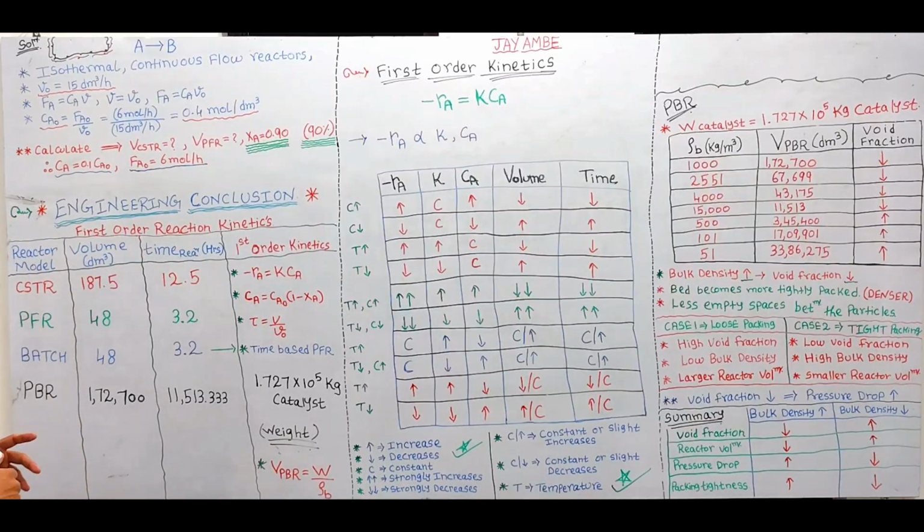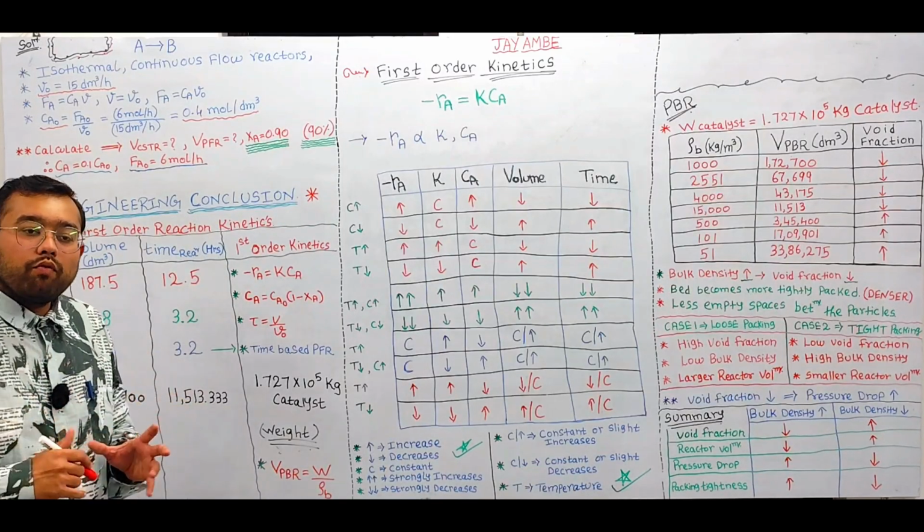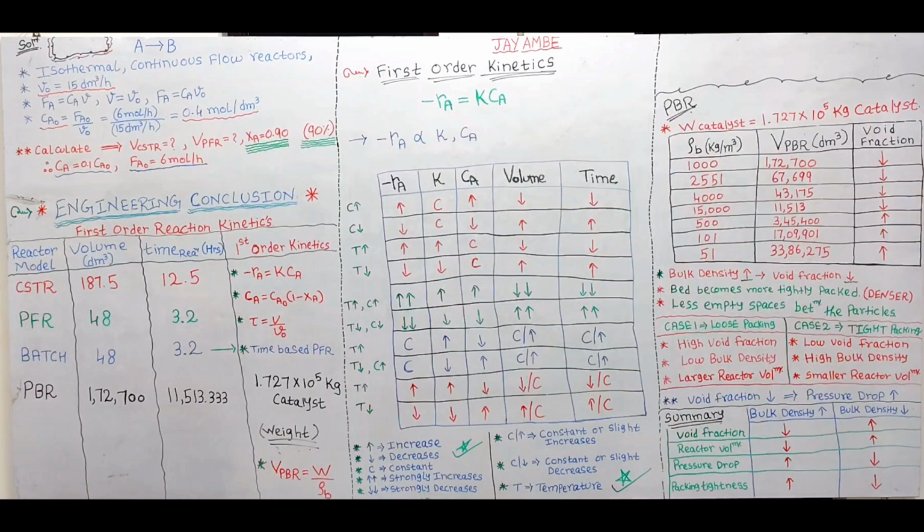Okay, so now we'll understand the engineering conclusion. I will make you understand the engineering conclusion in a very simple and systematic manner. Firstly, I'm comparing two reactor models, CSTR and PFR.